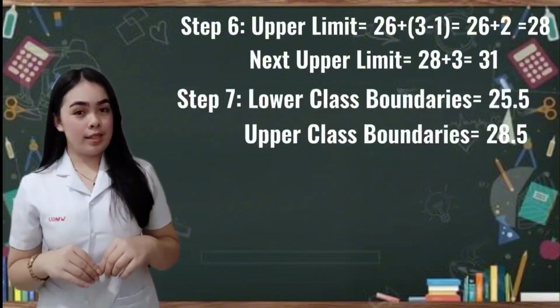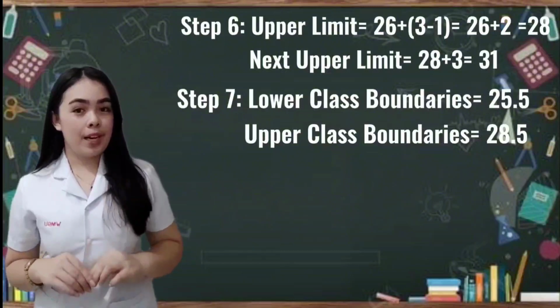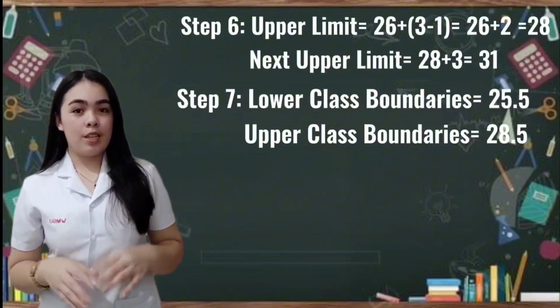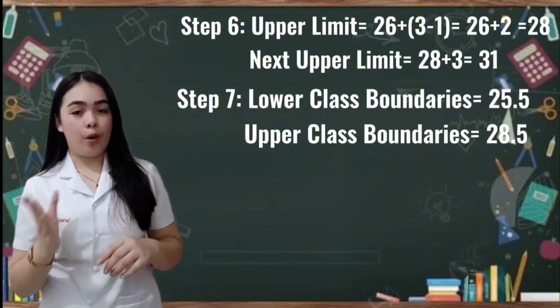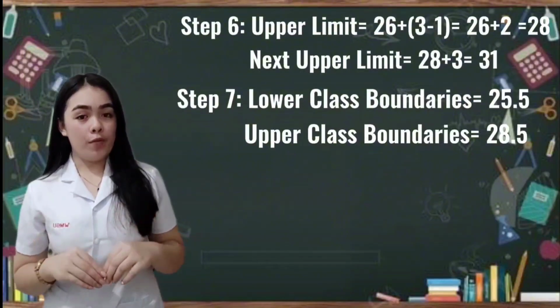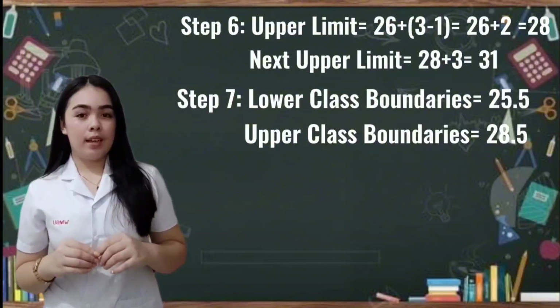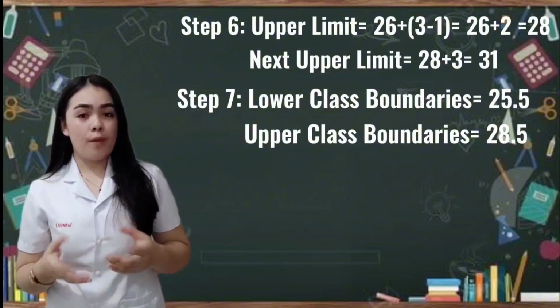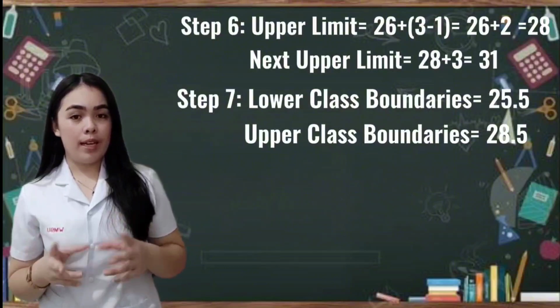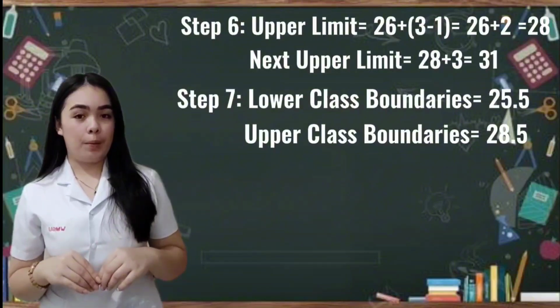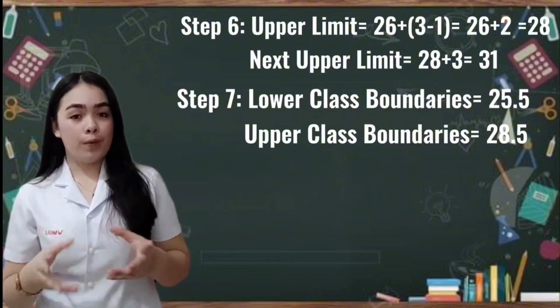So now let's go to step 7. In step 7, we need to find the boundaries. In finding the boundaries, we just need to subtract 0.5 from our lower limits and add 0.5 to our upper limits. So from our data, we have a lower limit which is 26. Subtract 0.5 and that will become 25.5. And our upper limit, we have 28.